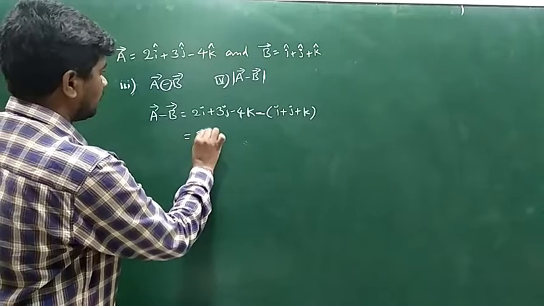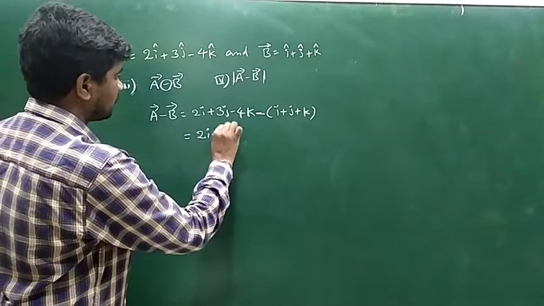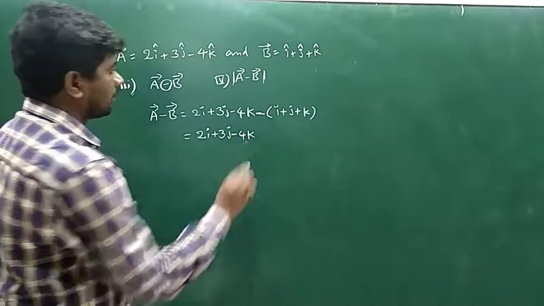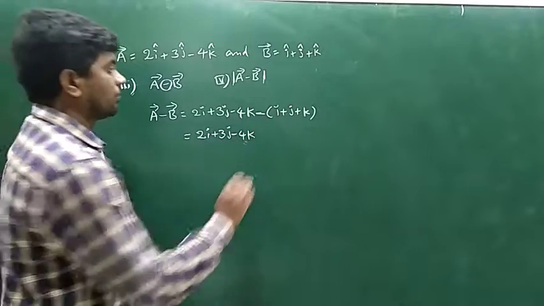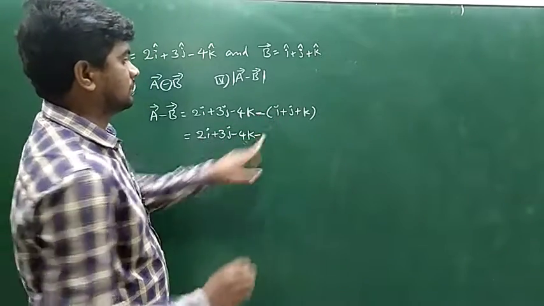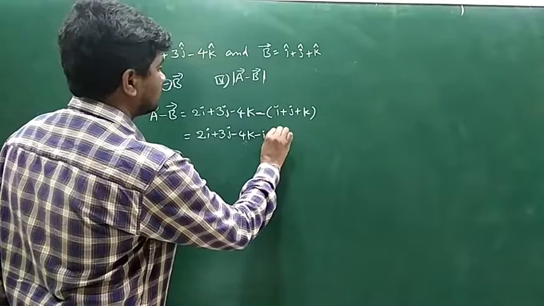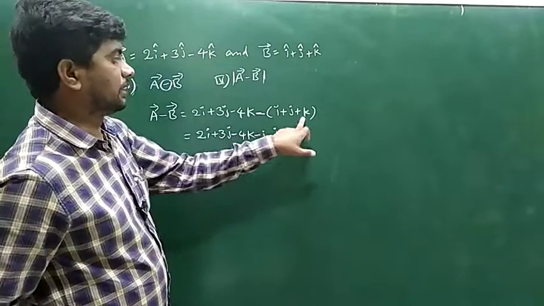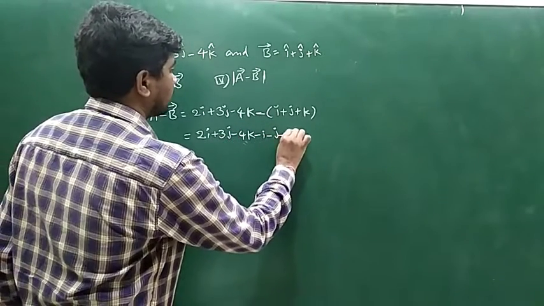This one is 2i plus 3j minus 4k. Minus into plus equals minus, the plus side. Next one, minus into plus, minus j, minus into plus, the minus k.